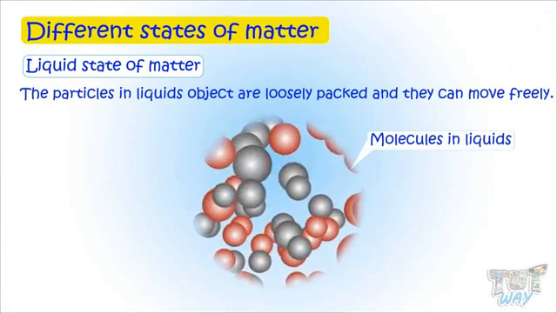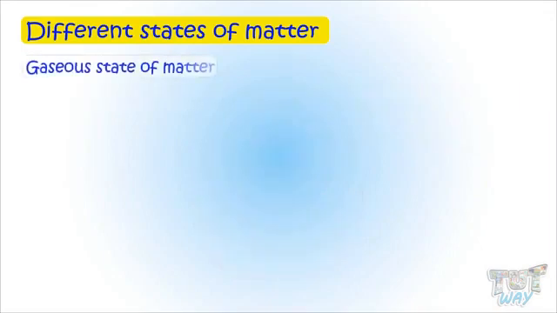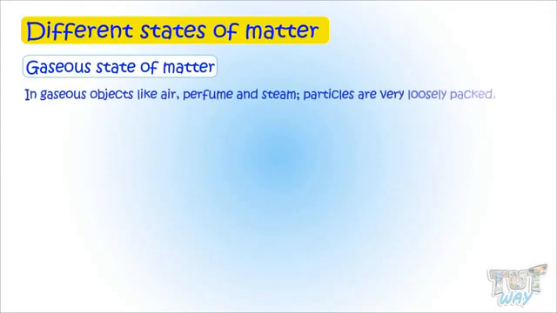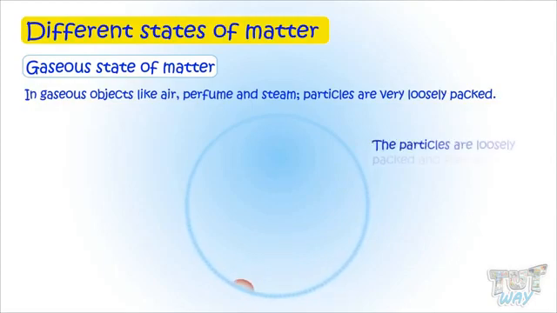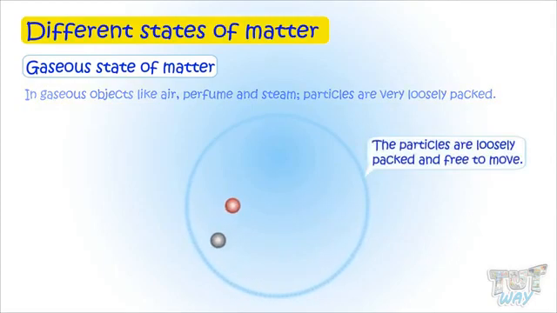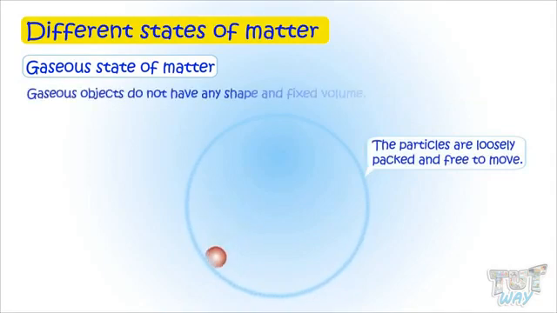Now, third form of matter is gaseous state. In gaseous objects like air, perfumes, steam, particles are very, very loosely packed, even much more loose than the liquid, and can move very freely. And so that is why gaseous objects do not have any shape. They take the shape of their container.